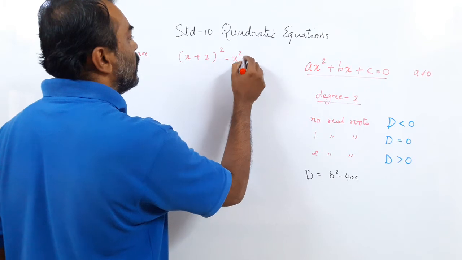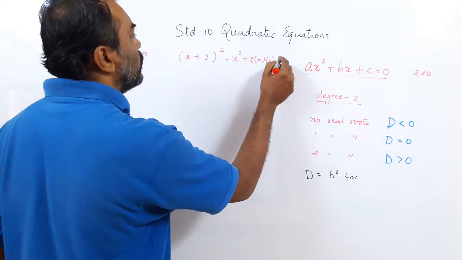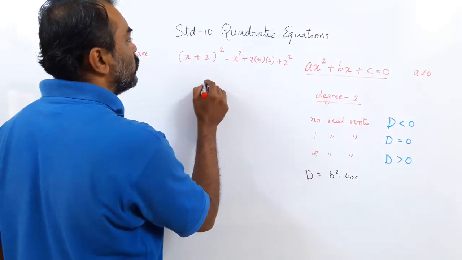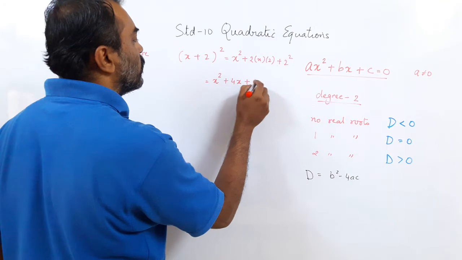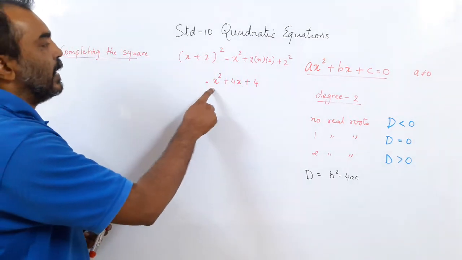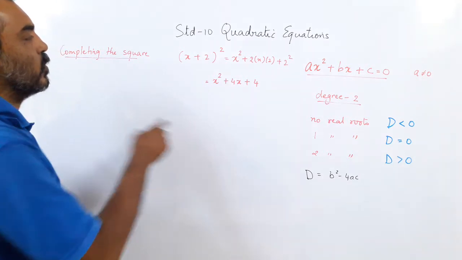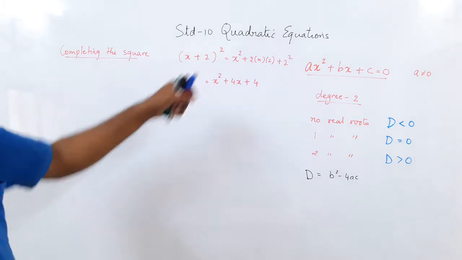It is a square plus 2 into a into b plus b square. So we will have x square plus 4x plus 4. So see here, x plus 2 the whole square is x square plus 4x plus 4. This is the perfect square of this.